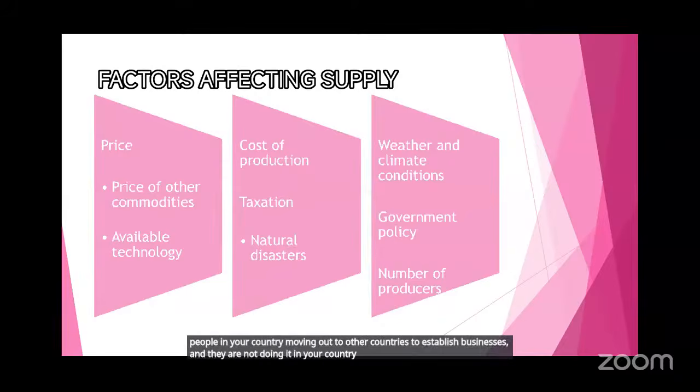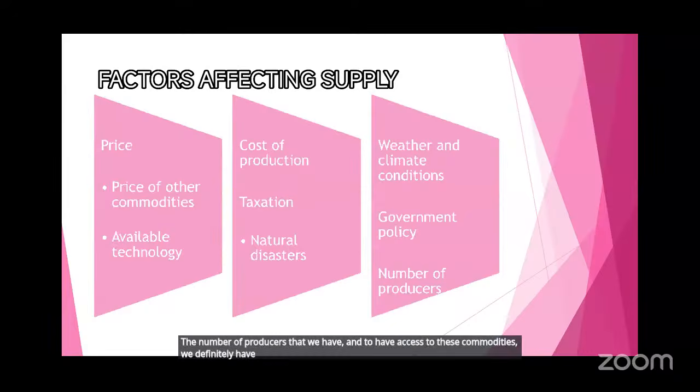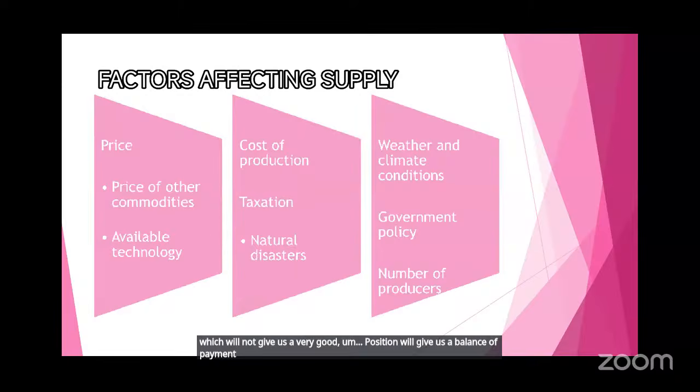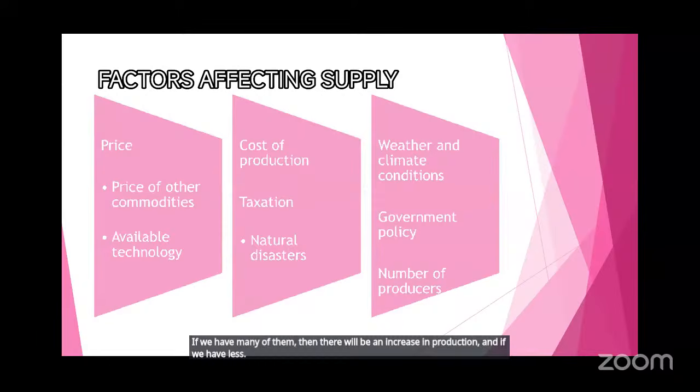That implies that we would be reducing the number of producers that we have. And to have access to these commodities, we definitely have to be importing them, which will not give us a very good position. It will not give us a balance of payment position. So we find that the numbers of producers also affect supply. If we have many of them, then there will be an increase in production. And if we have less, there will be a reduction in production.